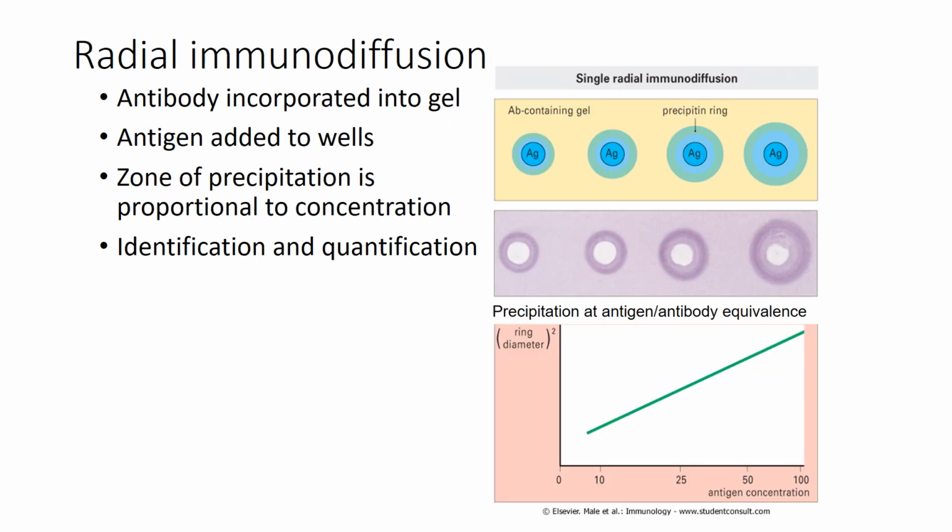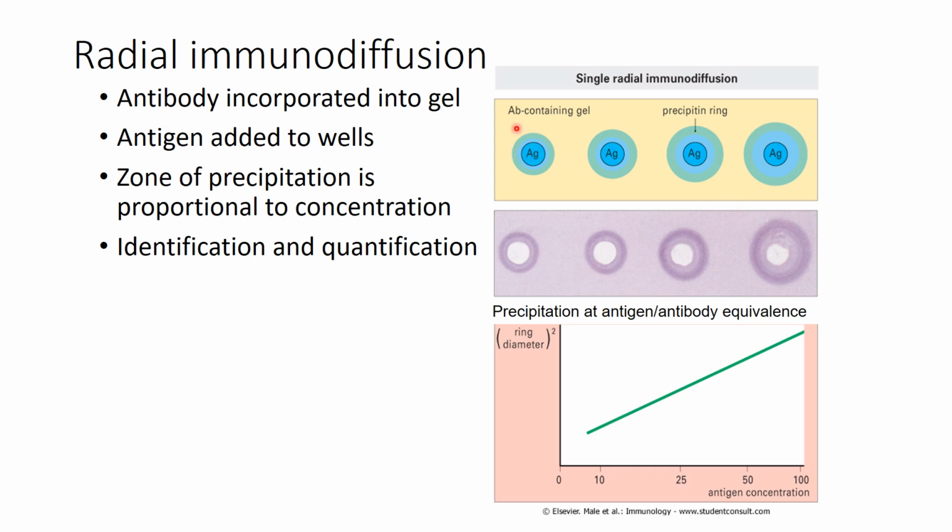Then there is the other method called radial immunodiffusion, where there's an antibody-containing gel, and the antigen is placed in there, and slowly and gradually the antibody concentration around the antigen keeps increasing. That leads to the identification of the antigen and also quantification based on the amount of antigen it is absorbing.